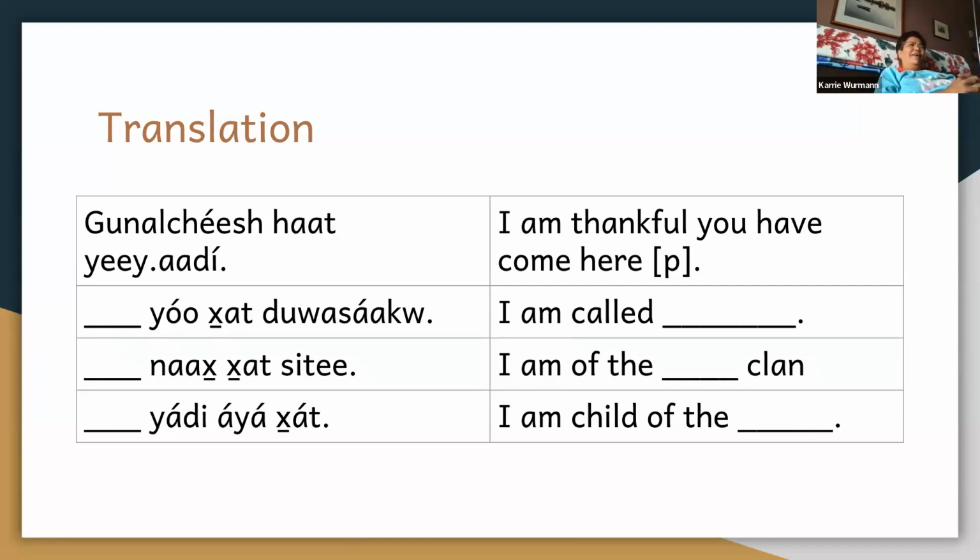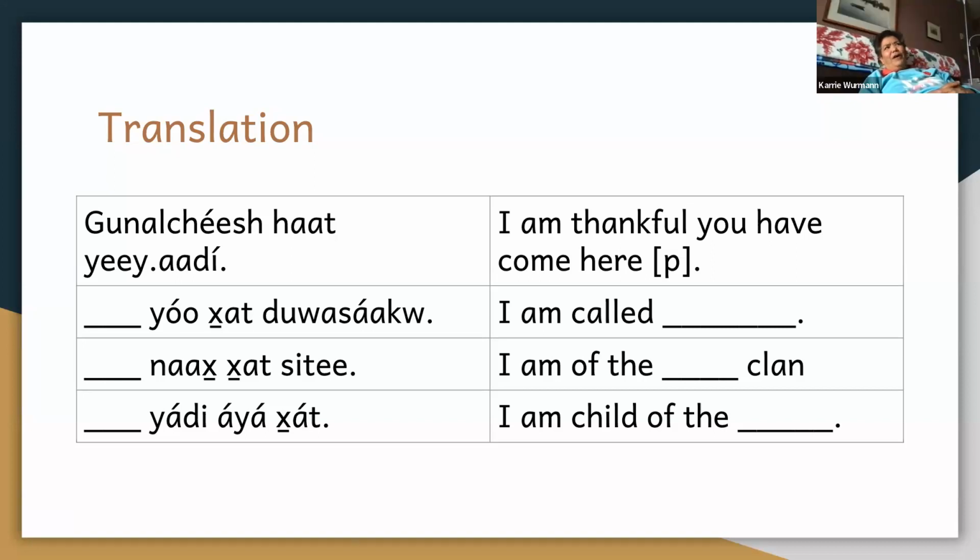I have no idea, but I do know, like I said, so how does one, for me, that's a little bit confusing. Do you want to incorporate your Tlingit clan in your introduction? Well, I don't even know how to pronounce it.